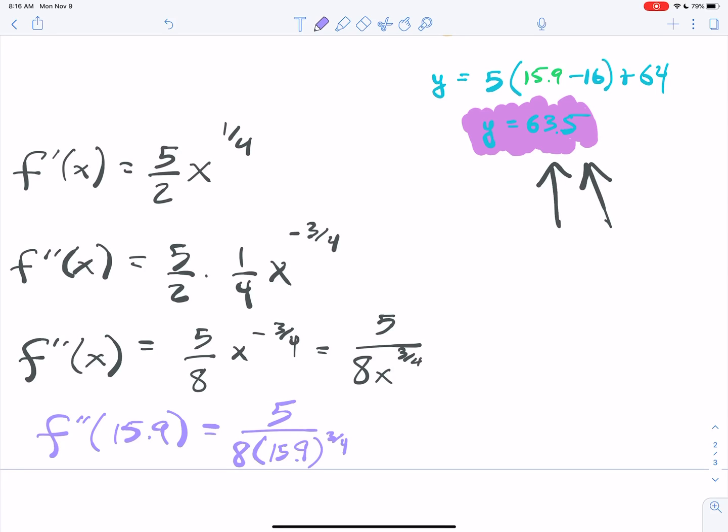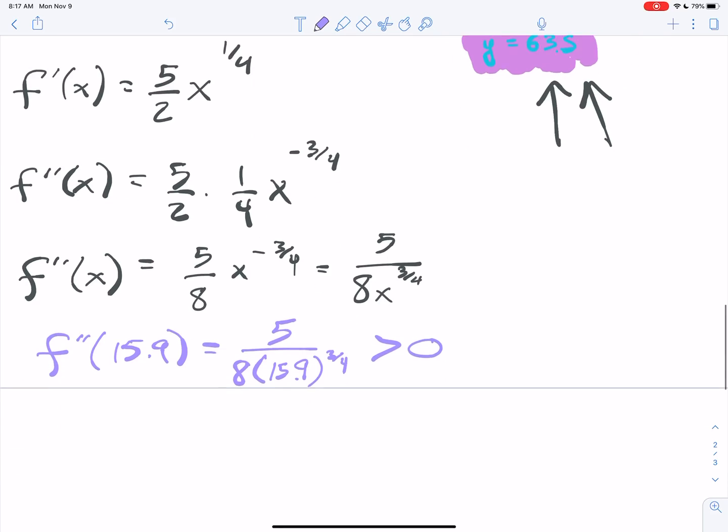Now, don't do that in your head, but just by analyzing this, 15.9 cubed will give you something positive, to the 4th root will give you something positive, times the 8 will give you something positive, and 5 divided by that will give you something positive as well. So we don't know what it is, but we do know that it's positive.